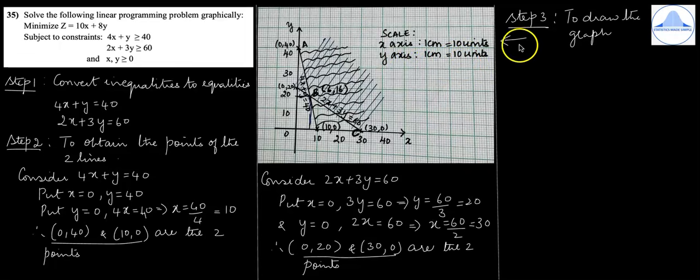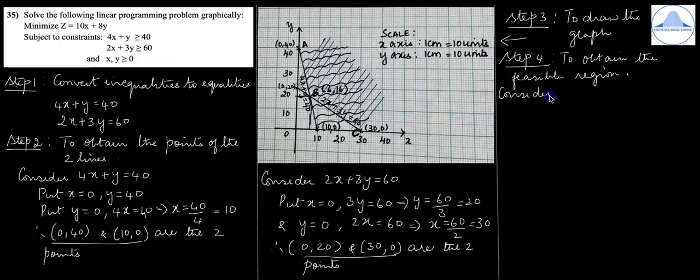Now the next step is to obtain the feasible region. So step 4, to obtain the feasible region. To obtain the feasible region, we should consider the inequalities which were given.